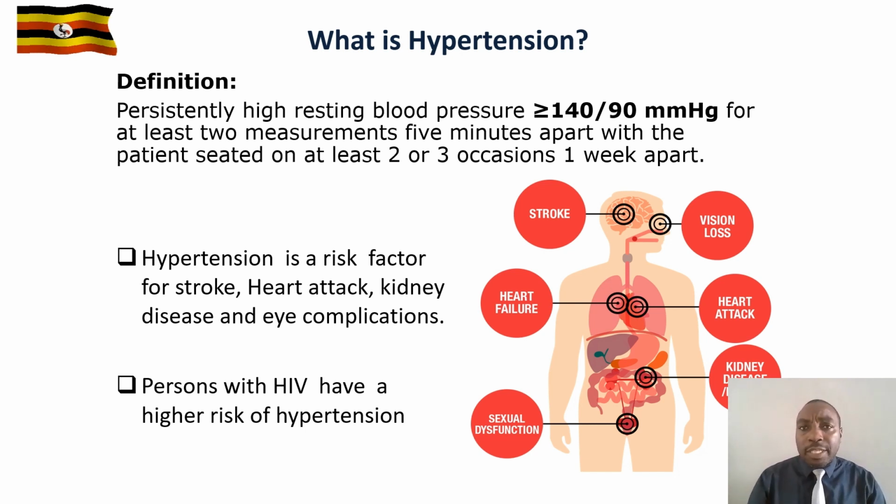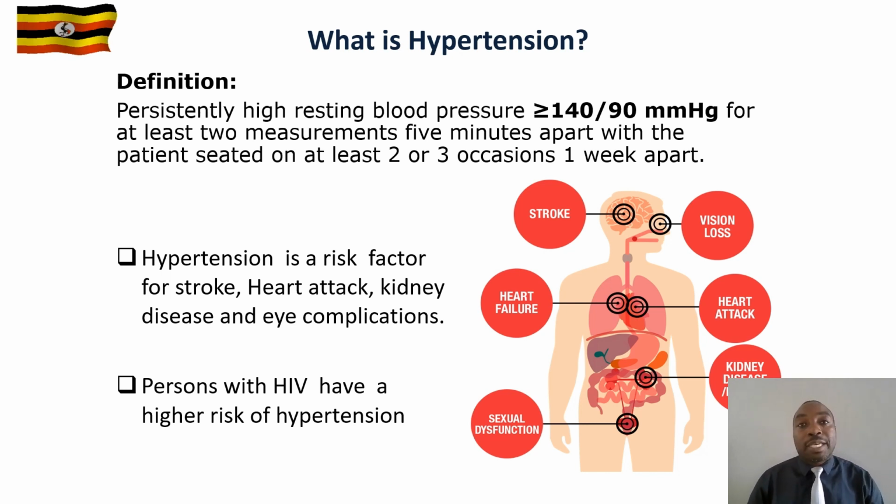Persons with HIV are at a higher risk of hypertension. One, they are taking medications that are metabolized and cleared through the kidneys, and these can also cause some damage in the process. We know, for instance, that tenofovir can cause kidney disease as a side effect, a condition we call Fanconi syndrome.